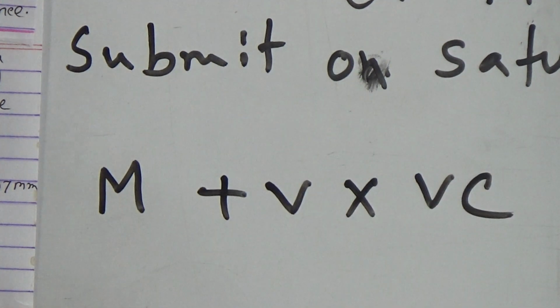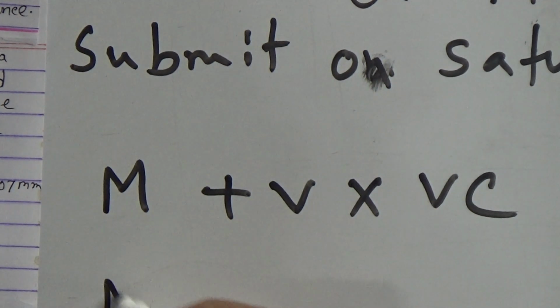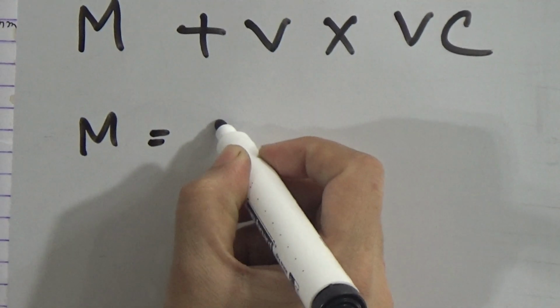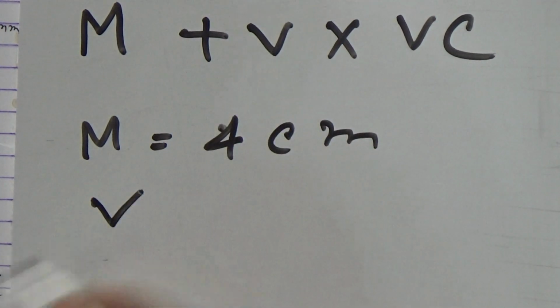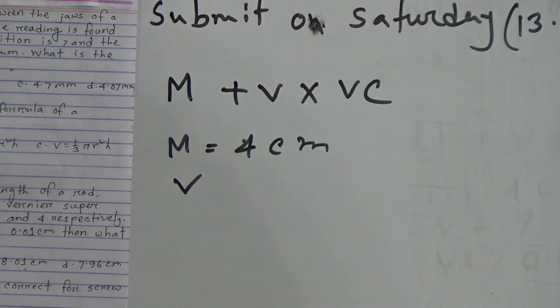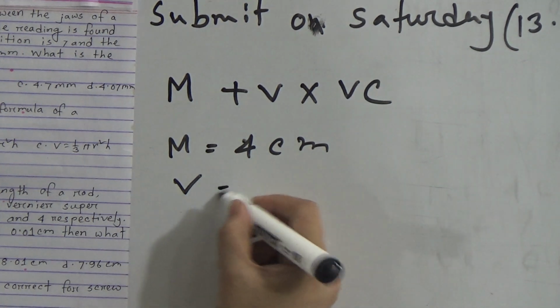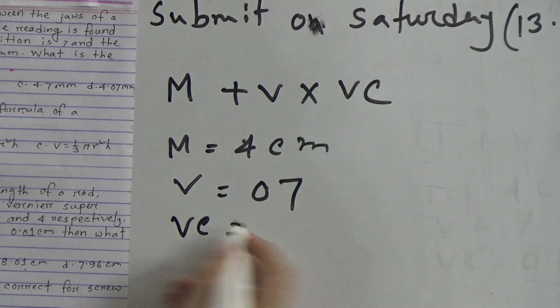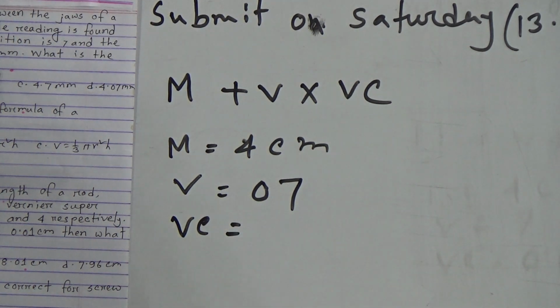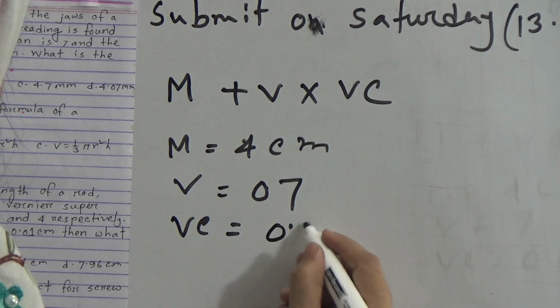Here M is the main scale reading, and main scale reading given 4 cm. V means vernier superimposition. Here vernier given V 7, and VC means vernier constant, and here vernier constant is 0.1 mm.